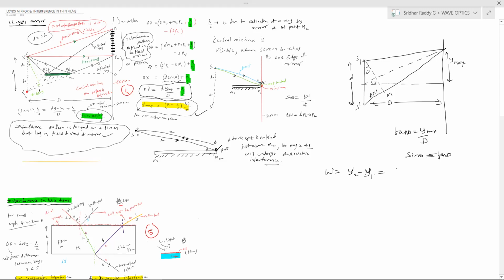So what is y2? Y2 should be equal to (2 minus 1 by 2) lambda capital D by d, minus y1, which is 3 lambda capital D by 2d minus lambda capital D by 2d. So lambda capital D by small d. This is the expression for the fringe width.